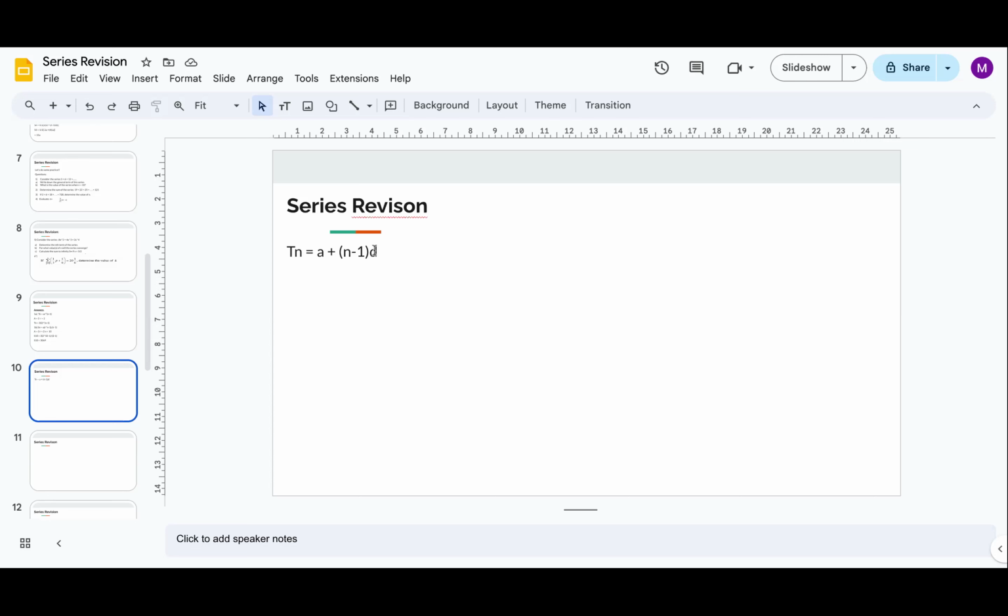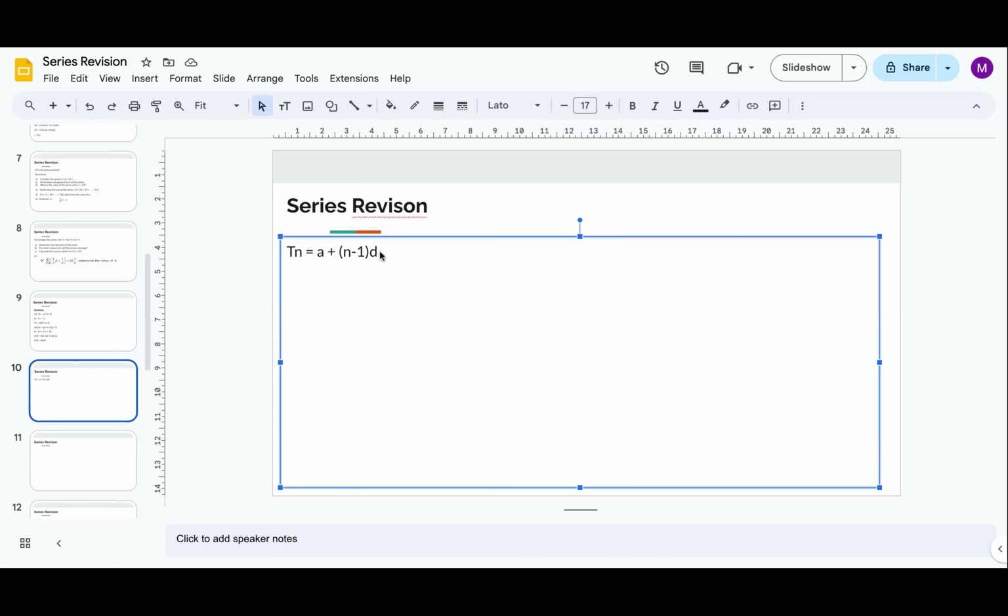So I know the value of my term. I want the term number. In other words, I want my n value. So I know the value of my term Tn is 121. I know my a value. My a value is 19 plus n is what I want minus 1 times our constant difference, which I know is given as 3. So this is just quick algebra.